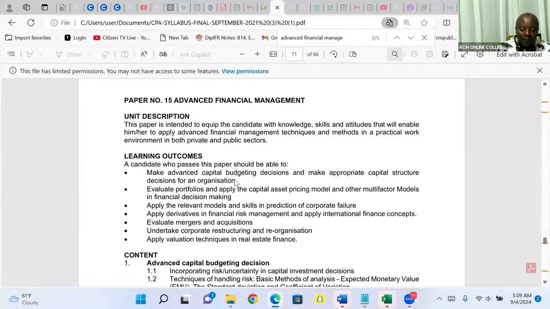Then we shall be able to evaluate portfolios and apply CAPM, the capital asset pricing model, and other multi-factor models in financial decision making. Remember, it will be very wrong of us to always put our eggs in one basket. You should never put all your eggs in one basket.